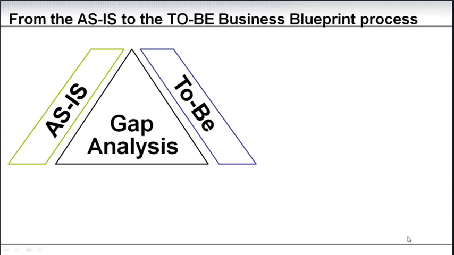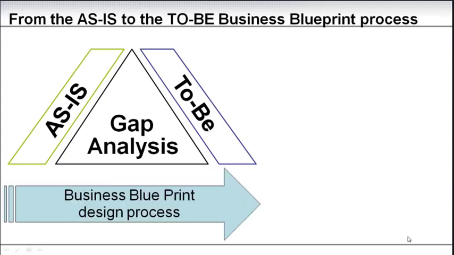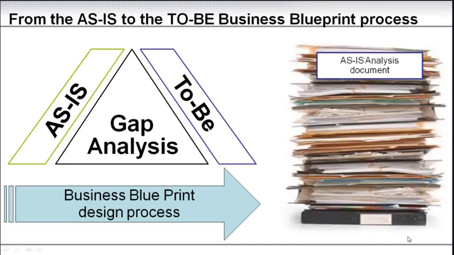Now all of this triangle, or all of these tasks, are what we refer to as the business blueprint design process. What you need to do in this process is first look at the as-is and document this. You perform what is called an as-is analysis document.